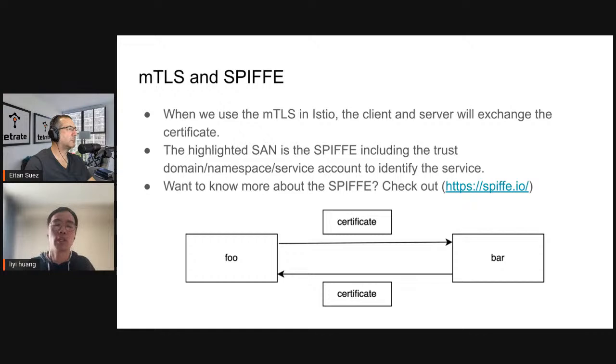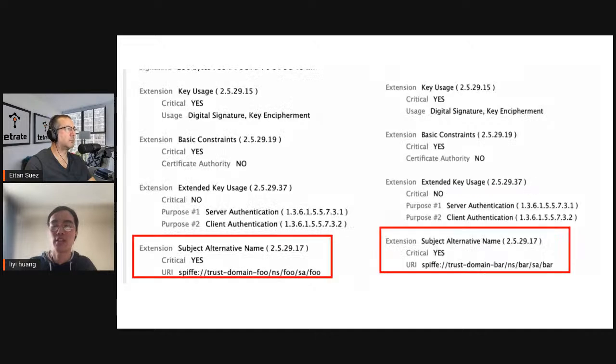But in mutual TLS, foo will also give a cert to bar to let bar verify it's foo. But how? In the next slides, you can see this is just an example of foo and bar's cert, and it's just a normal cert. As you can see, this SAN field has a URI called SPIFFE. And on the left side, you can see it's a trust domain, foo, NS foo, SA foo.